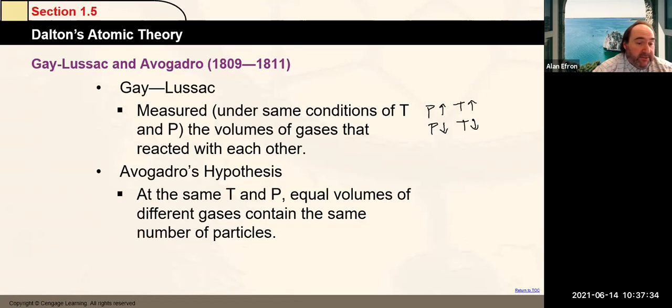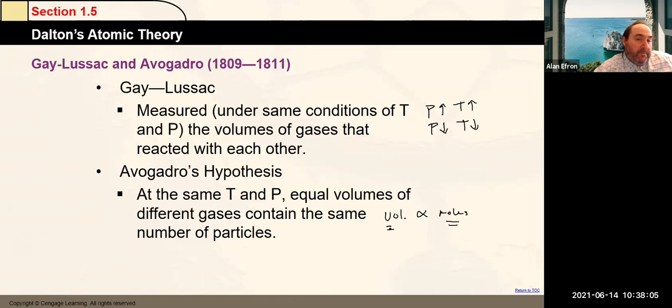Now, Avogadro, as you may remember from Avogadro's number, also had a gas law, as we'll talk about as well. And he dealt with constant pressure and temperature. What we see is the volume of a gas is proportional to the moles of the gas. That's what that little symbol means. Which means, as we'll talk about when we get into the gas chapter, you could do stoichiometry.